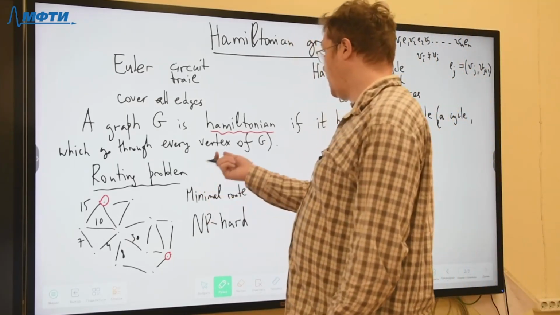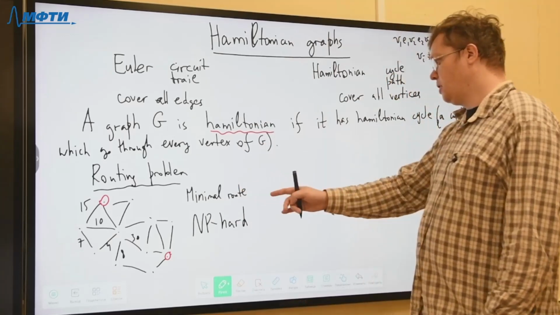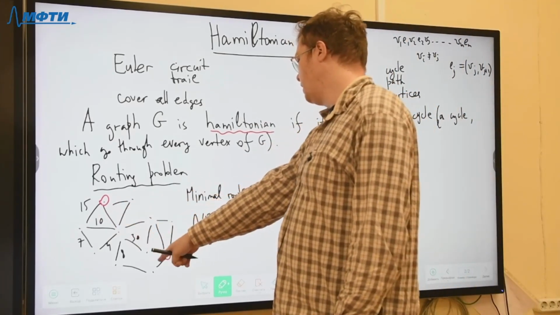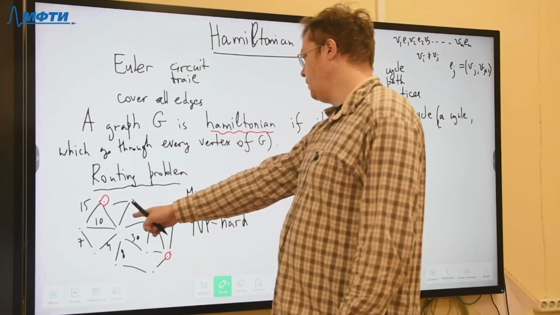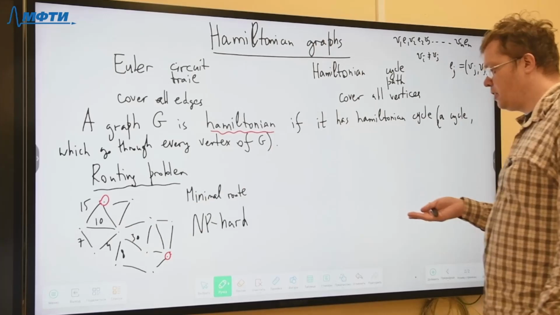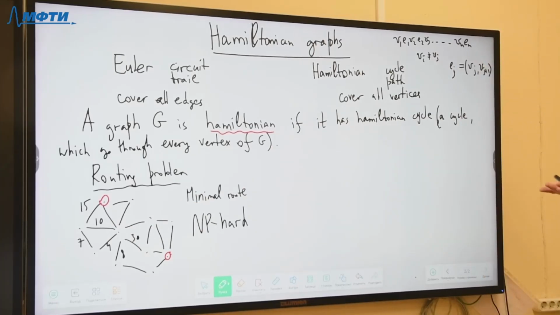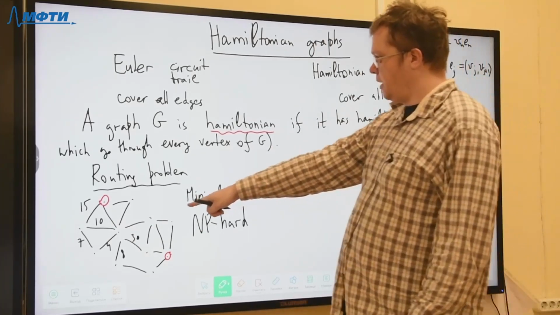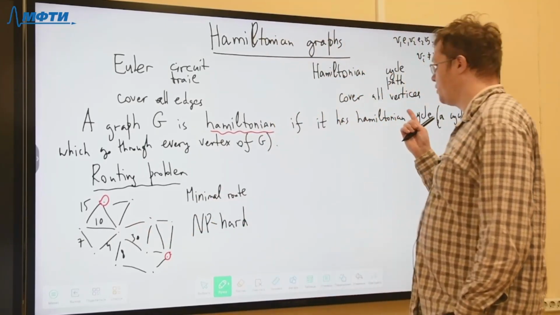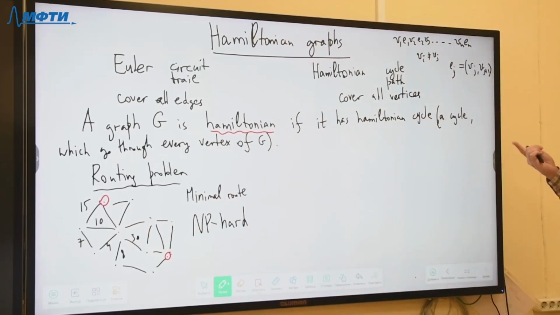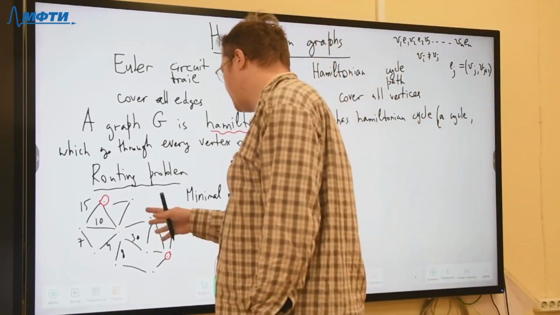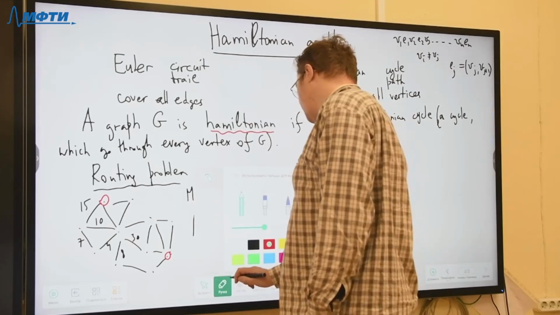But our problem is similar. Suppose now all edges have weight 1, and we want to go through all the vertices, so we cannot use any edge twice. It's not quite this problem, but a similar problem.